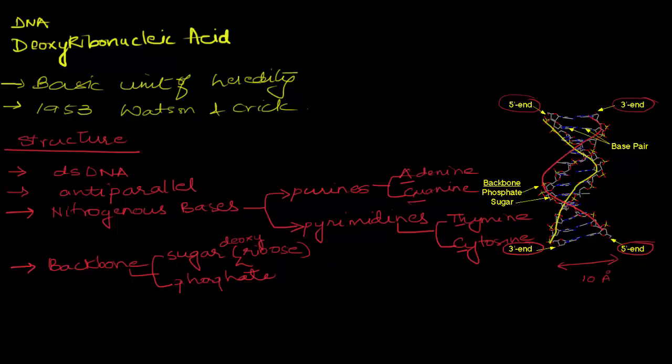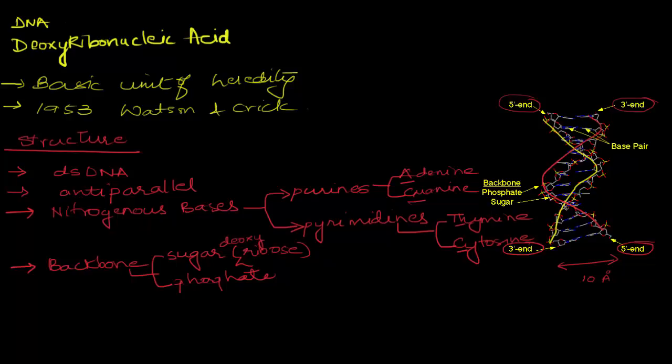This diameter is 10 angstrom for most of the eukaryotes, but it might fluctuate for some prokaryotic species like bacteria, or other smaller organisms like parasites, maybe Plasmodium, or other unicellular organisms. But for most eukaryotic organisms, where we human beings belong, we have the 10 angstrom distance between the two strands of the DNA molecule.